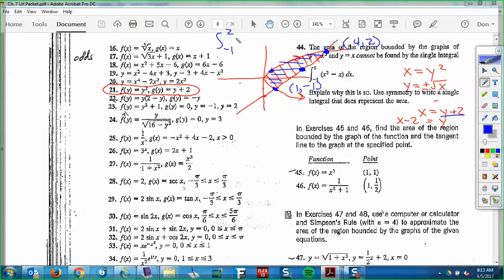Okay? So y plus 2 minus, Will, what's the x-coordinate of this parabola? Y squared. And then don't forget the dy. So right minus left gives you the length of the strip, dy is the width of the strip, those multiply to give you the area of the strip, the integral adds up the area.